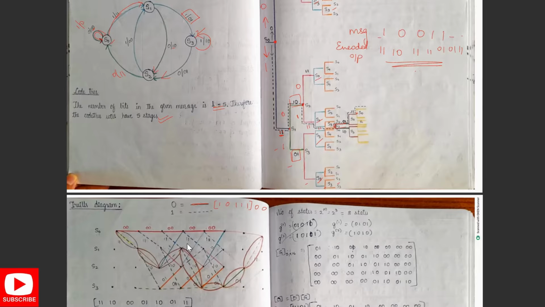As a dotted line, this is 1, 1 when it is 1. This is the first stage. Similarly, write it again: it is a dotted line for 1 and a straight line for 0. Again, write it again. This is the third stage.